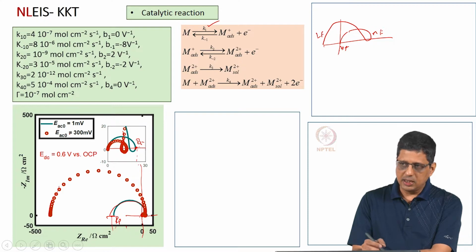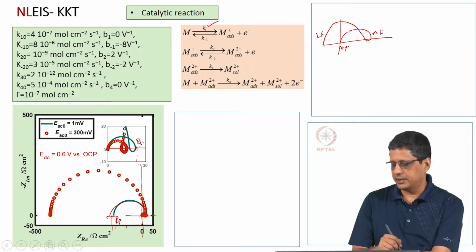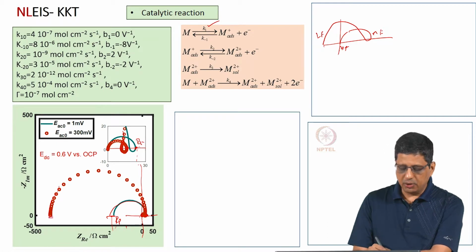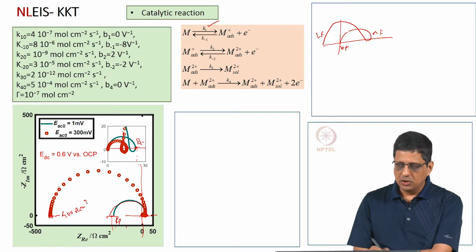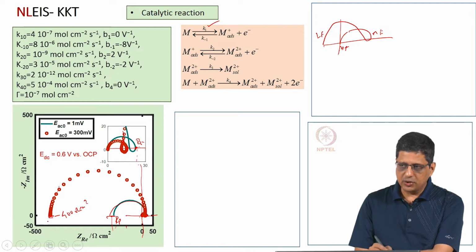When we go to large amplitude perturbation, the charge transfer resistance in this example decreases, but the polarization resistance magnitude increases. It is close to 400 ohms, with a negative sign, ohm centimeter square. So, the actual value is lower, but the magnitude is larger.